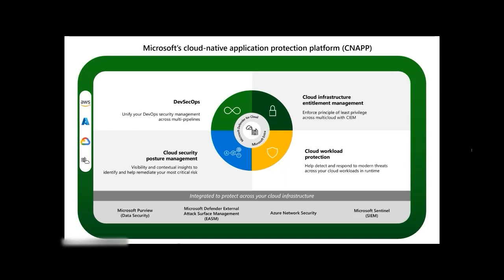Again, providing you with that end-to-end visibility across multiple public cloud providers. Then I also want to use that onboarding to show you how Defender for Cloud can continuously assess and monitor your cloud resources, regardless of where they reside, be it in Azure, GCP, or AWS.